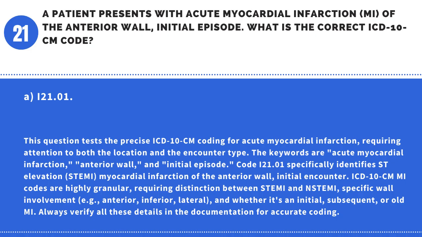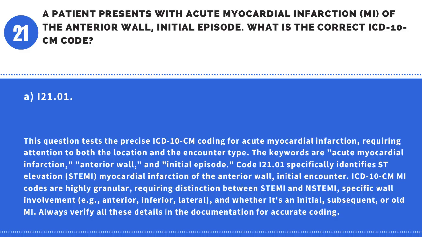Answer: A. I21.01. This question tests the precise ICD-10-CM coding for acute myocardial infarction, requiring attention to both the location and the encounter type. The keywords are acute myocardial infarction, anterior wall, and initial episode.